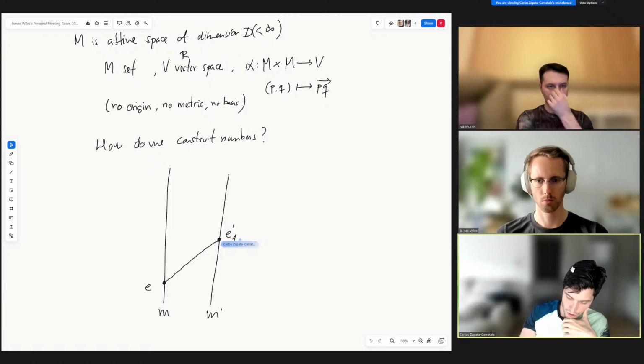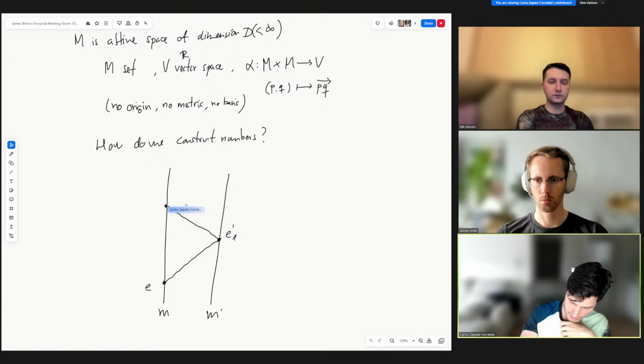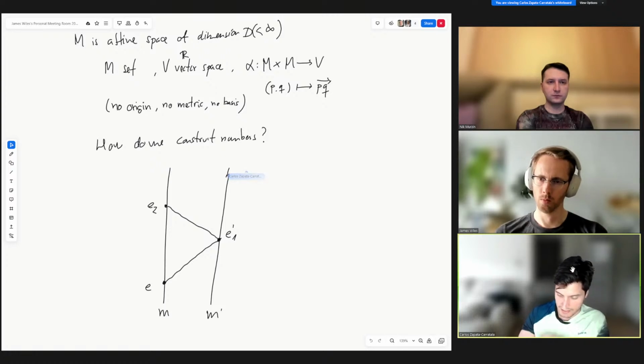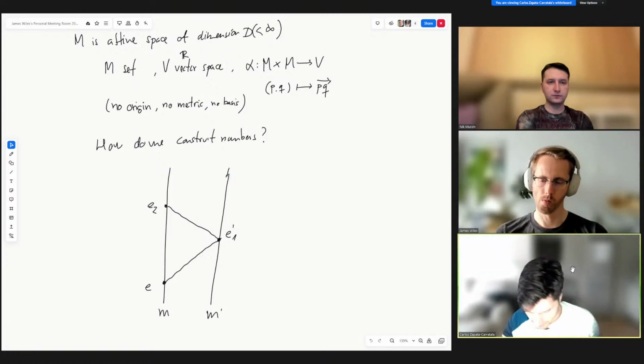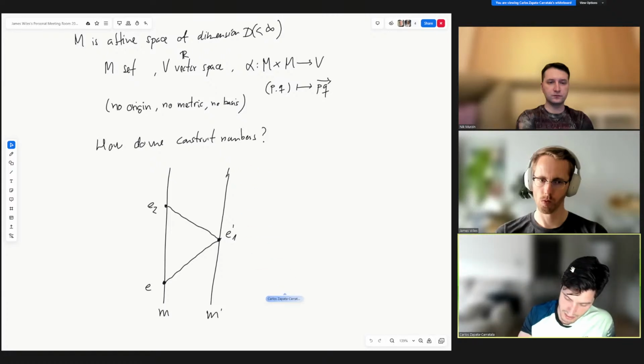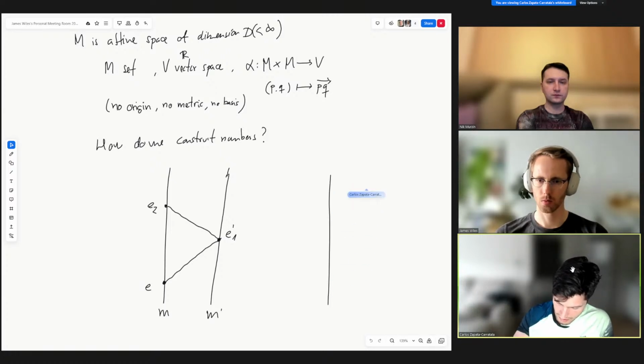Then you copy the construction that you just did for E1, and then you find a unique point E2 over here, and so on, right? And here's what's crucial: you can take any two parallel curves in your affine space, any two matter parallel curves, and you can replicate this construction.